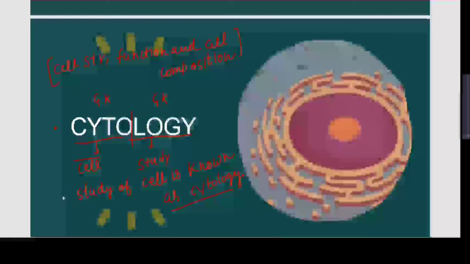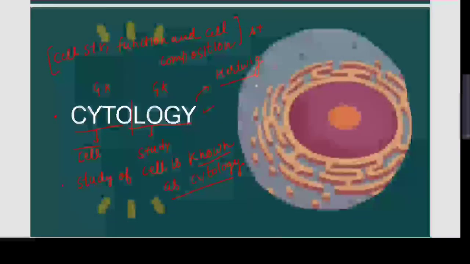So we can say that the study of cells is known as cytology, and we can also define it as the study of cell structure, function, and composition. The term cytology was introduced by a scientist known as Hartwig.